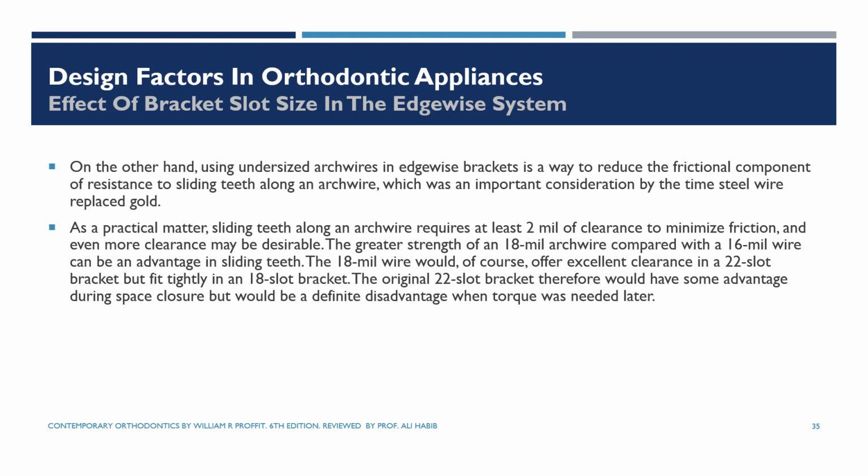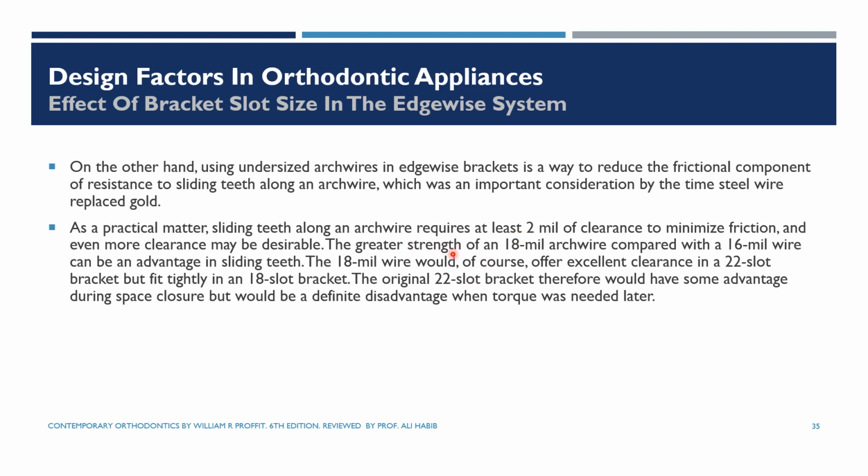But you cannot use 18 mil round wire, because it will create a lot of friction in 18 brackets. On the other hand, in the 022 bracket, you can use 18 mil wire because you'll have enough clearance to minimize friction.